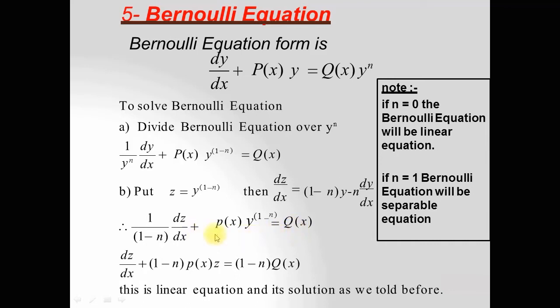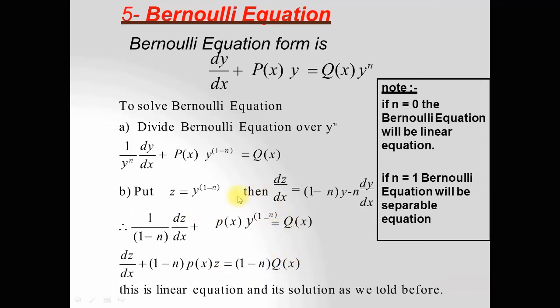Now multiplying both sides by (1 minus n) and putting y power 1 minus n equal to z, we have a new differential equation: dz by dx plus (1 minus n) P(x) z equal to (1 minus n) Q(x).